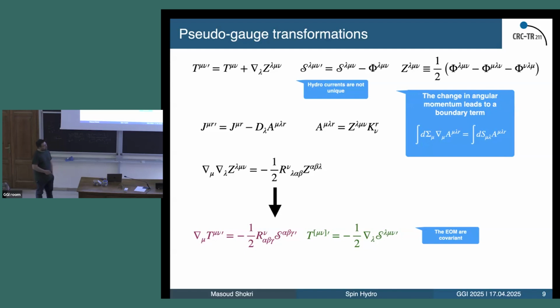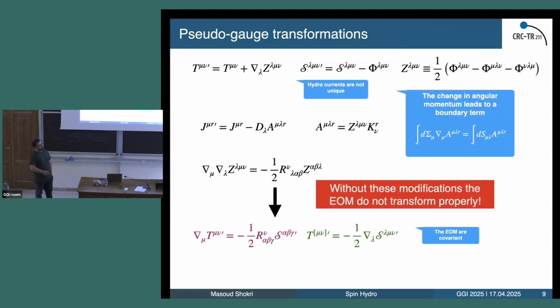And actually, these are the equations that are pseudo-gauge covariant. Otherwise, if you didn't have this term, you would end up assuming that there is only one pseudo-gauge that is valid, and that is very funny.